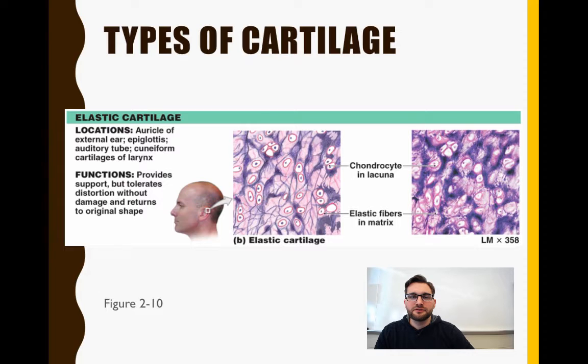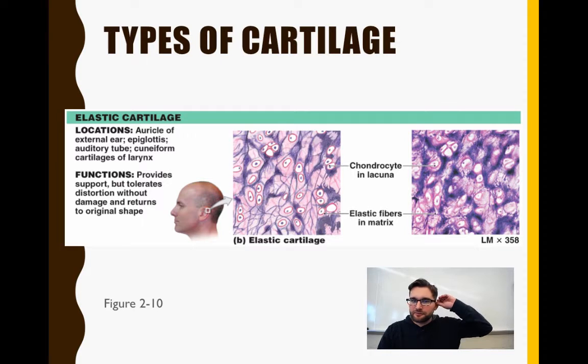Elastic cartilage. This is found on the external portion of our ear. It's also found in the epiglottis, the auditory tube, and the cartilage of the larynx. It also helps to provide support, and it can tolerate distortion or movement.